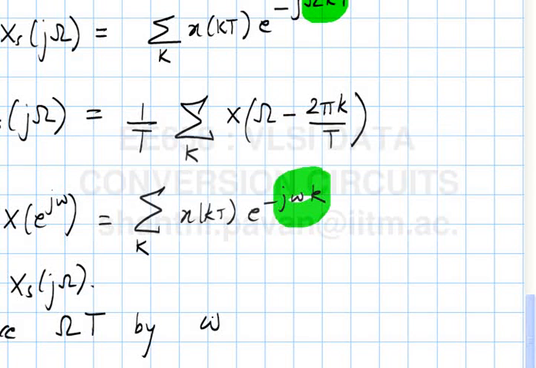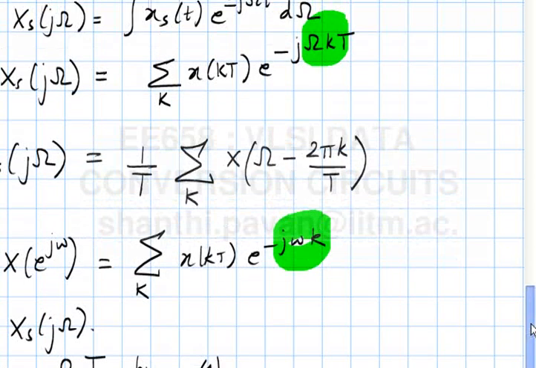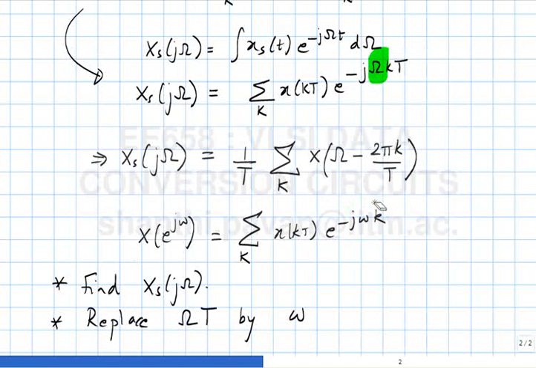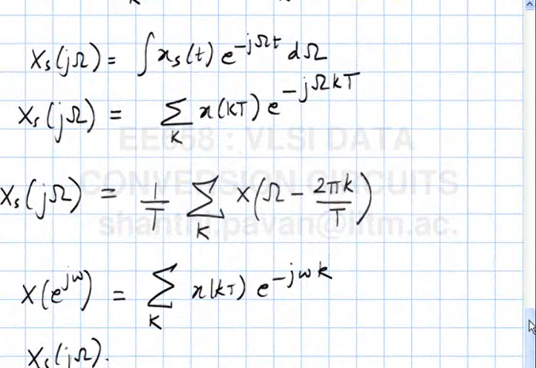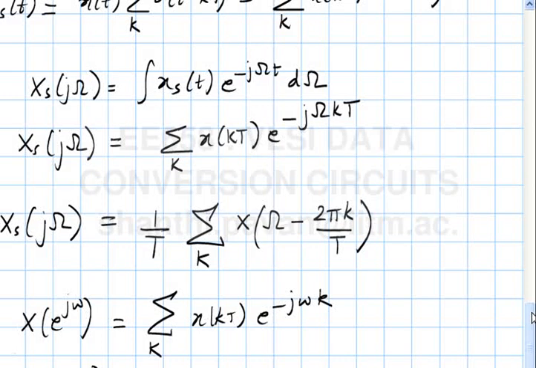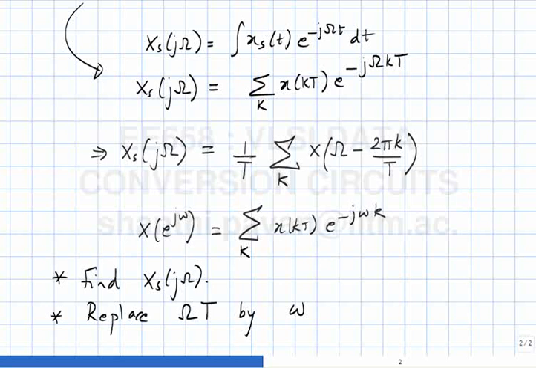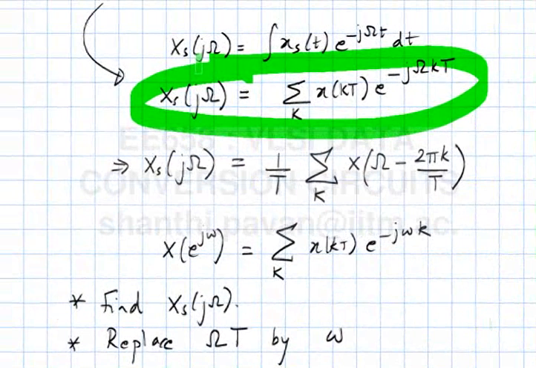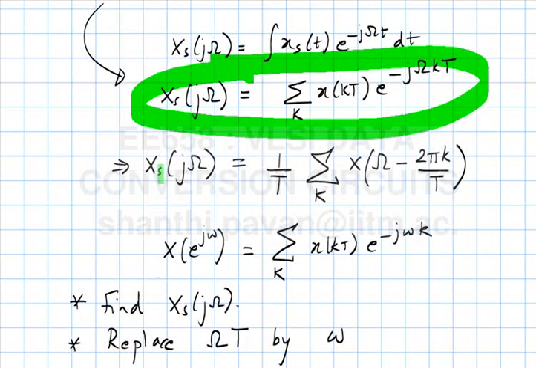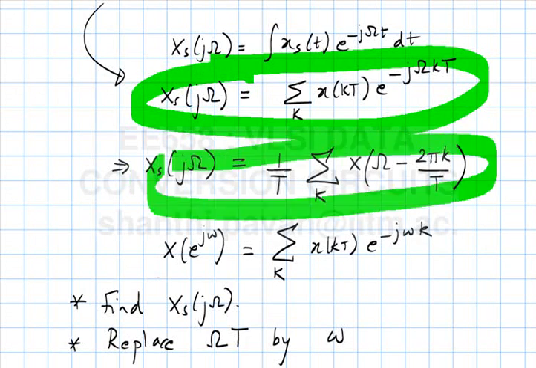Is this clear? I see many blank faces, so let me go over this again. What am I trying to do? I'm trying to find the discrete time Fourier transform of a sequence obtained by sampling a continuous time signal. The continuous time signal has some spectrum X of j omega. I realize that Xs of j omega is this quantity, which also happens to be equal to this.